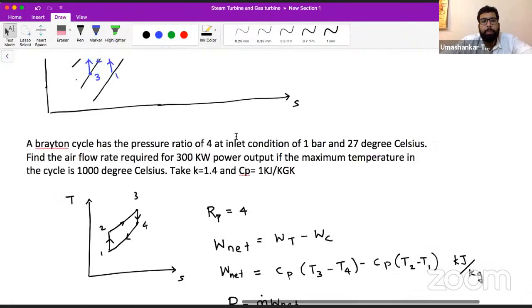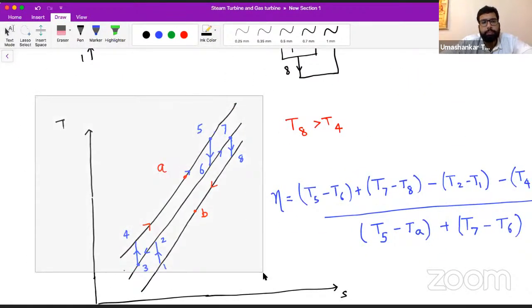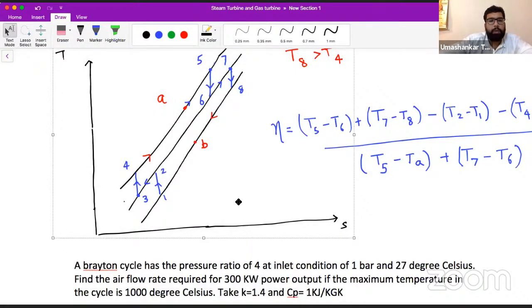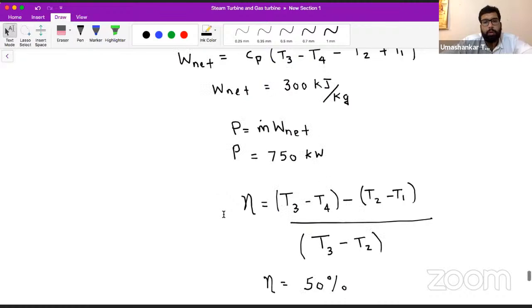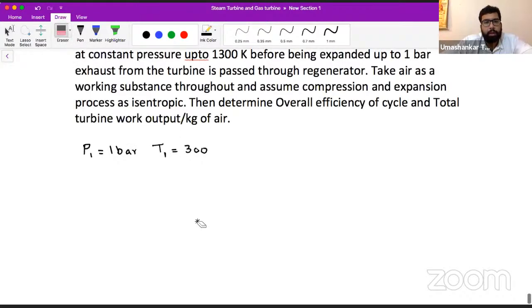Let me just copy it from there, because we have already made it. So why make it again? There are some benefits of teaching on the computer screen.